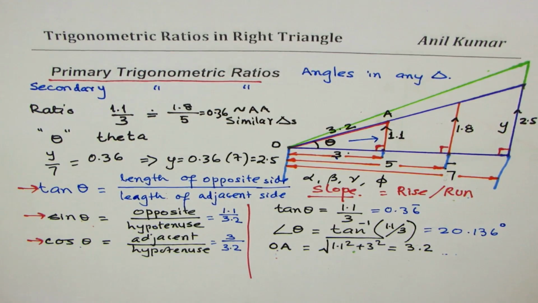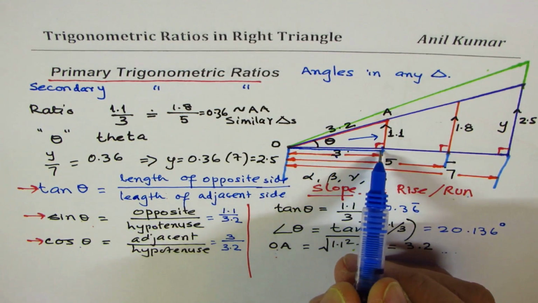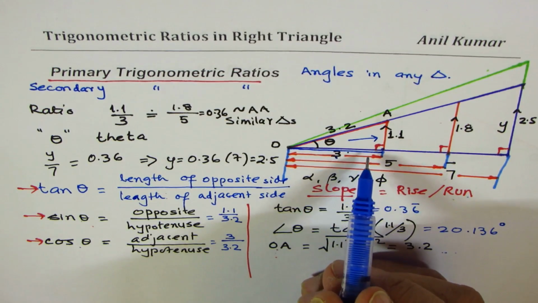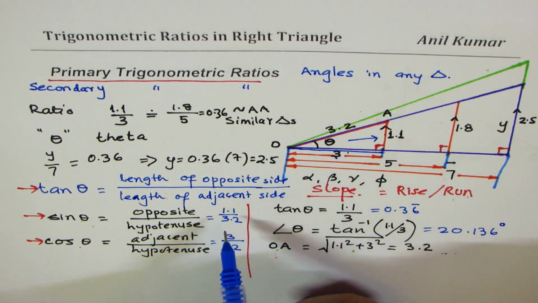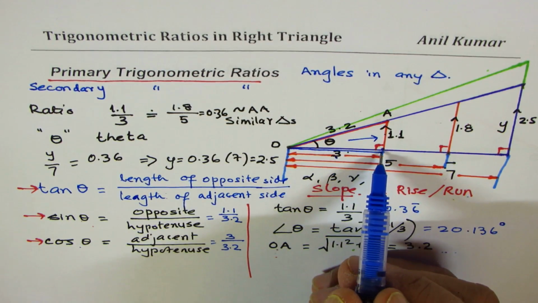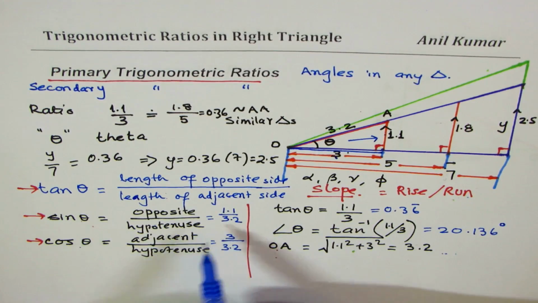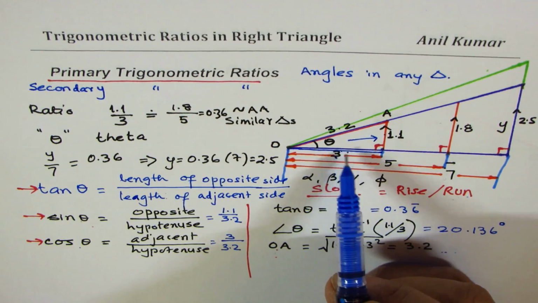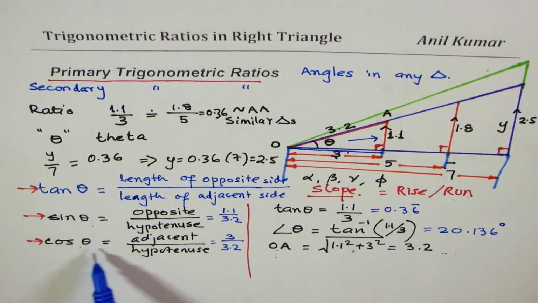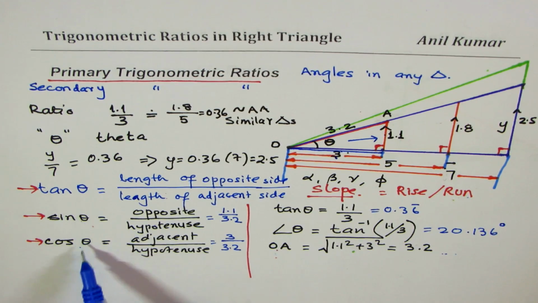So it could be a maximum of 1, correct? That also happens when theta is 0. So if theta is 0, then the hypotenuse will be along this side, and only then sine will be 0, being the opposite side, but cos theta will be 1. So what you notice here is that since sine and cosine are smaller sides over the hypotenuse, their value is less than 1. Is it okay? So the maximum value is 1.